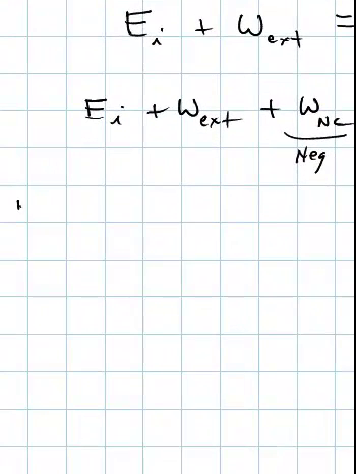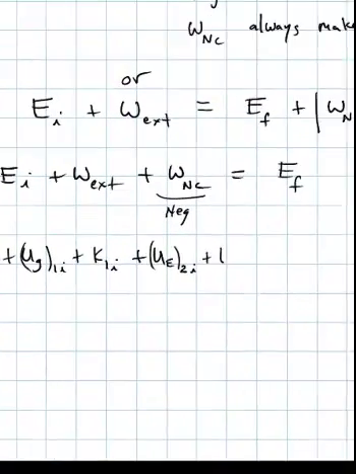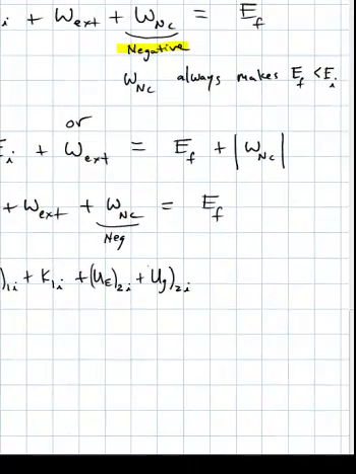So mass number 1 could have some elastic potential energy associated with it in the initial state, some gravitational potential energy, and some kinetic energy initially. Mass number 2 could have spring or elastic potential energy initially, could have gravitational potential energy in the initial state, and it could be moving. It could have energy of motion.